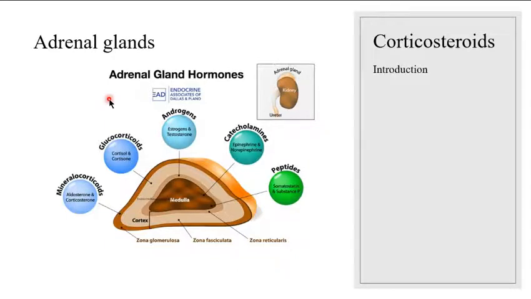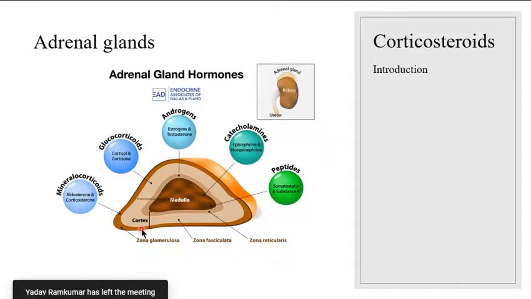The corticosteroids are produced by the adrenal glands, basically the adrenal cortex. On your screen, you have the structure of the adrenal gland, which has been divided into two layers. One is the cortex, the next is the medulla.